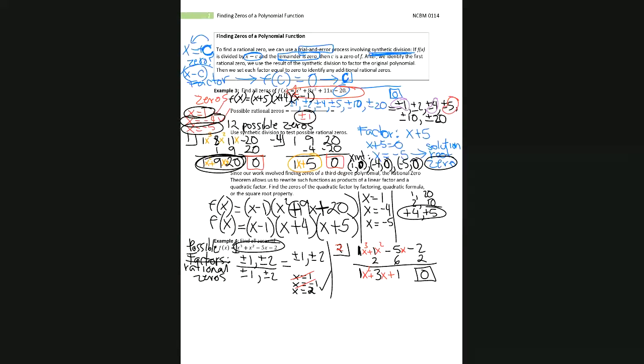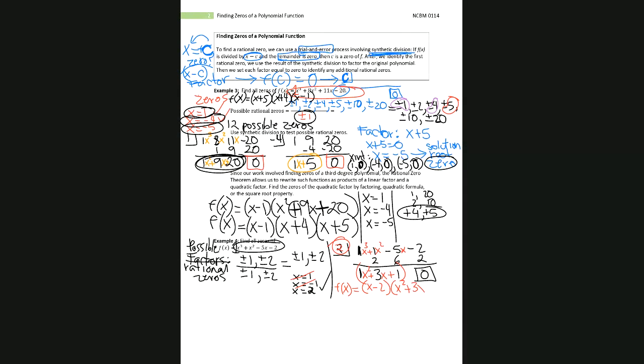Now, one thing we can do here is try to factor it, because so far we have that our function could be written this way. Now remember, if this is a 0, the factor will be x minus 2. The other factor is here, x squared plus 3x plus 1.